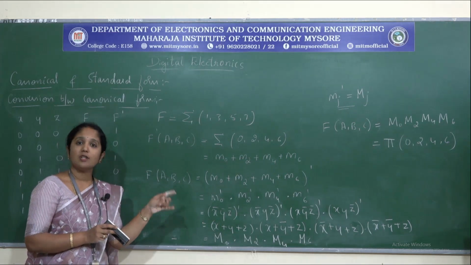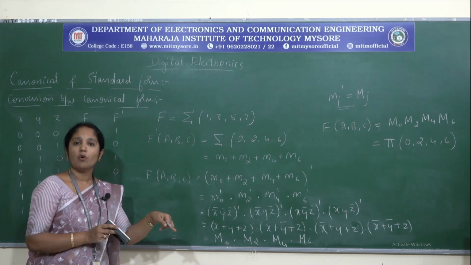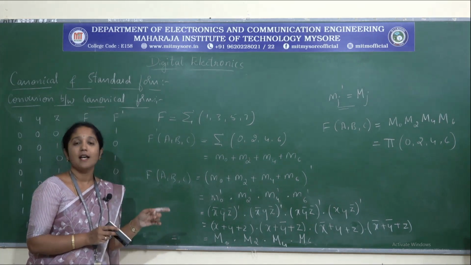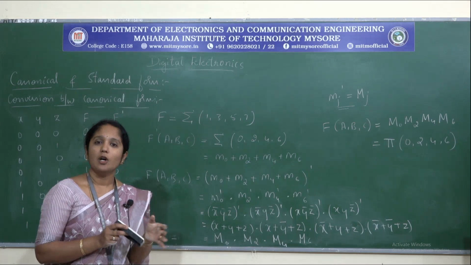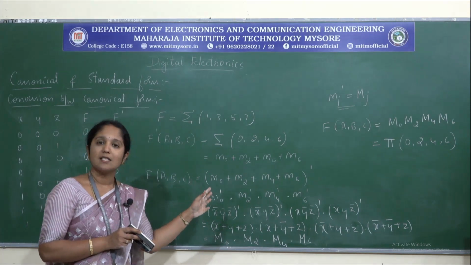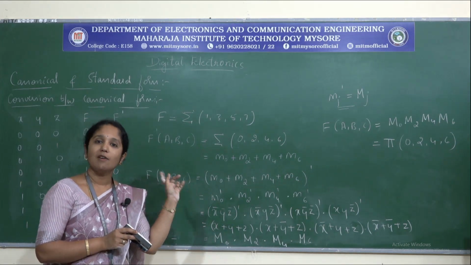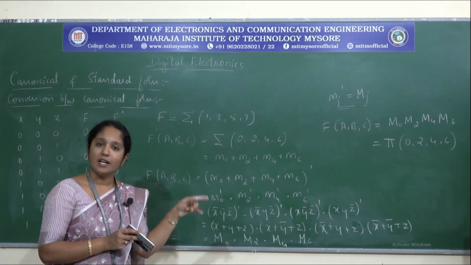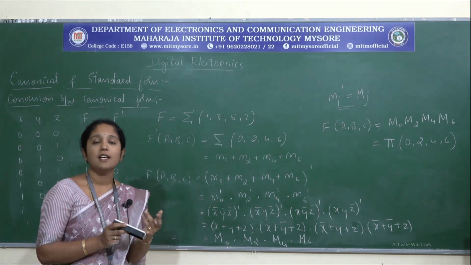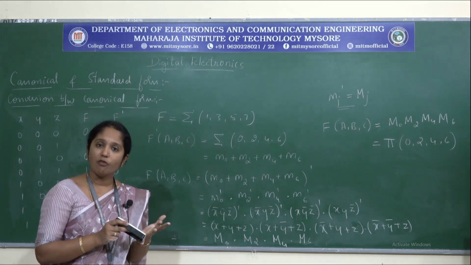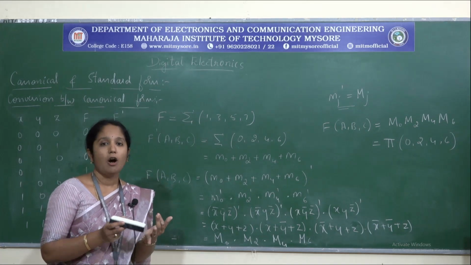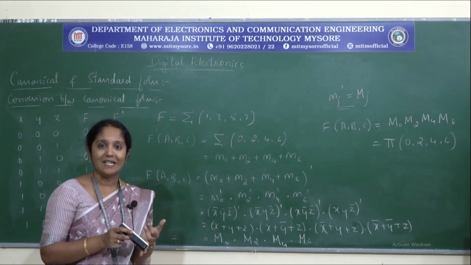Similarly, the reduced canonical POS is called standard POS. Next I am going to consider two examples wherein we will have the standard, reduced form. Reduced in the sense we will have fewer gates, or sometimes fewer literals itself.